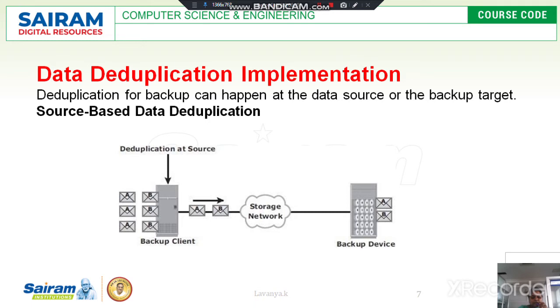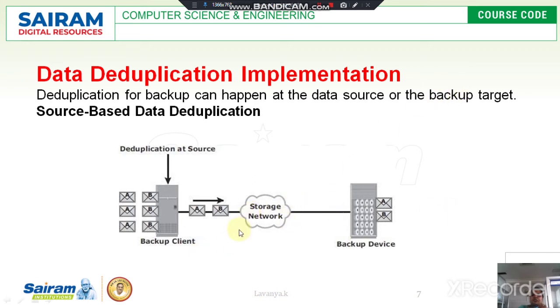Source based data deduplication also increases the load from the backup client over the network, and because of this it also impacts network performance. Why? Because multiple applications run on the network, which is the storage network.